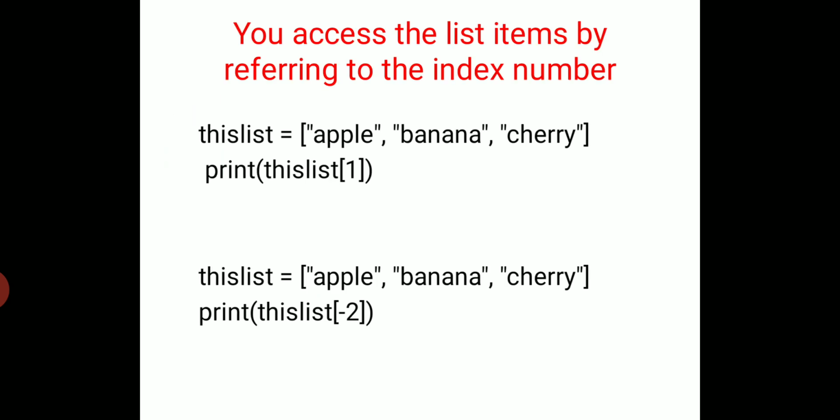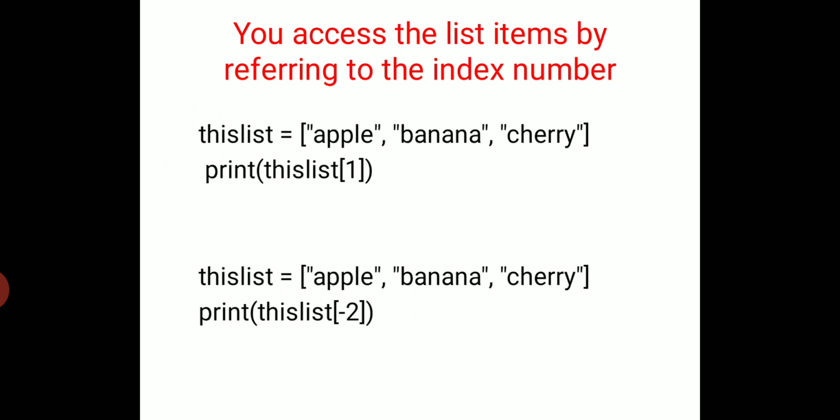Now you can access a list item by referring to the indexing number, so you can easily search by indexing value in Python. First you create a list, this list apple, banana and cherry, print this list, and here I give the index number.